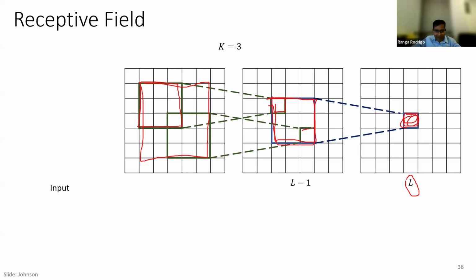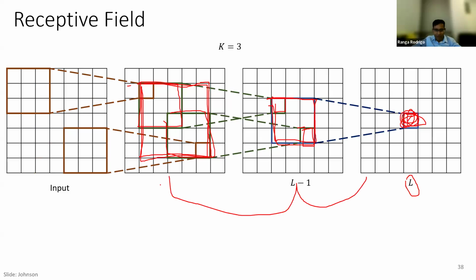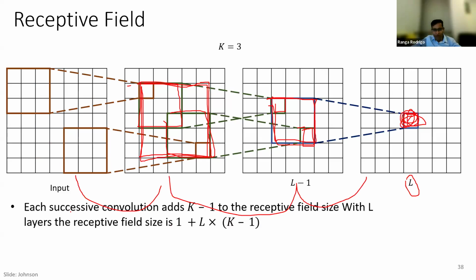If you take this cell, it corresponds to 3 by 3 here. So now you can see this is totally a 5 by 5 window. This single cell's values were from a 5 by 5 window 2 layers ago. If you go even one layer before, it will be a 7 by 7. So you can see the so-called receptive field increases as you go down the layers.